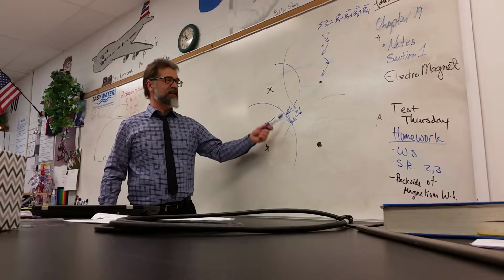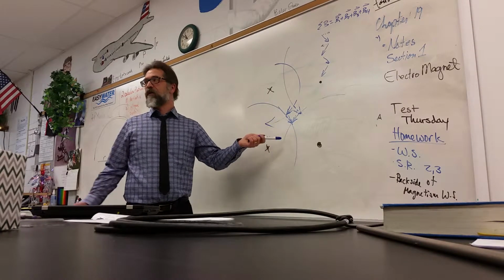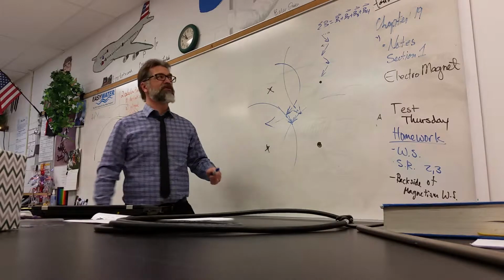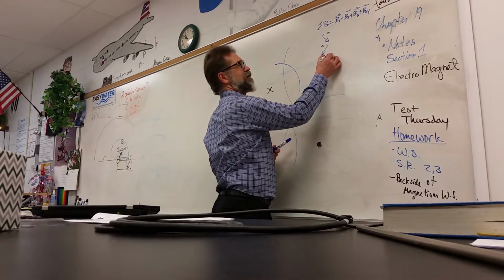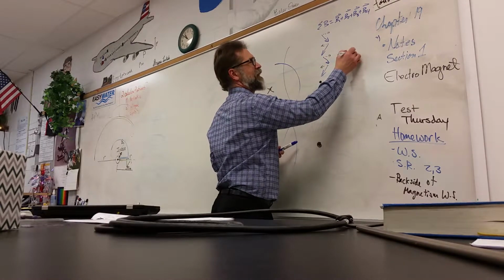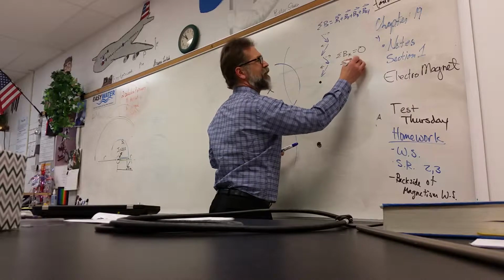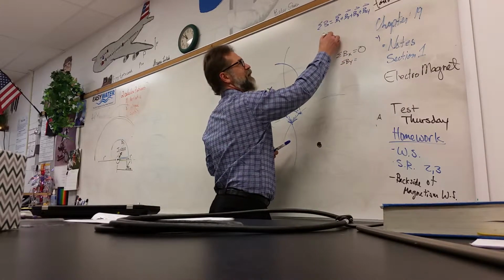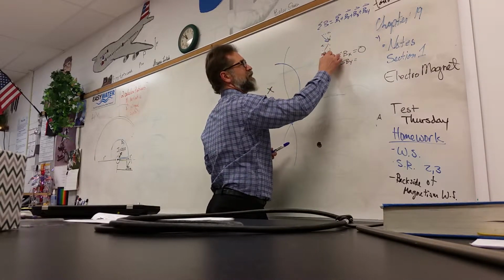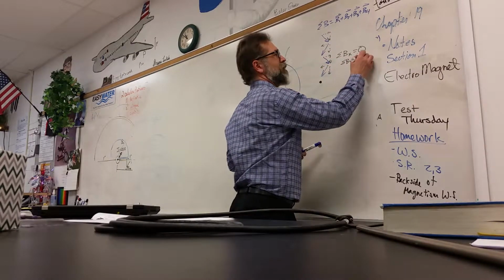So every one of these has an angle of 45 degrees. In essence, they're all the same contribution, but opposite in direction. So the x's, if we sum the B along the x, that equals 0. But if we sum the B along the y, well, that's pretty important. That's a down, that's a down, that's a down, that's a down. It looks like I have 4 of them going down.